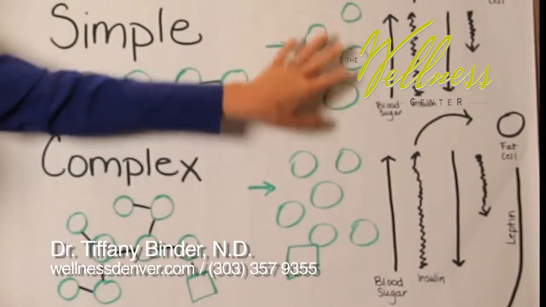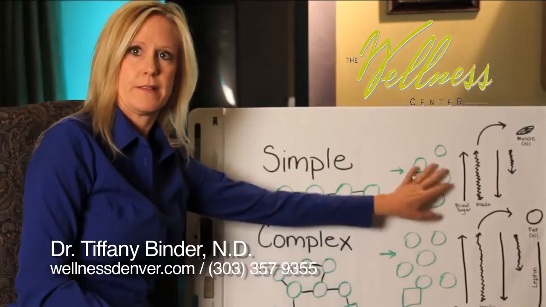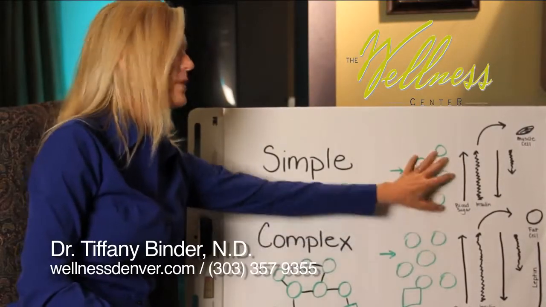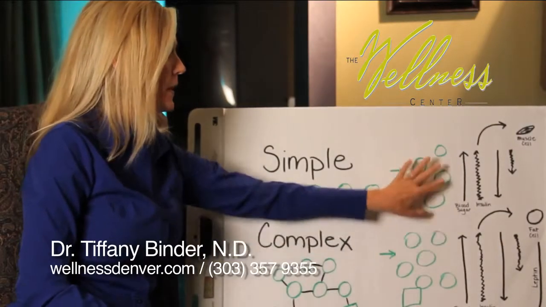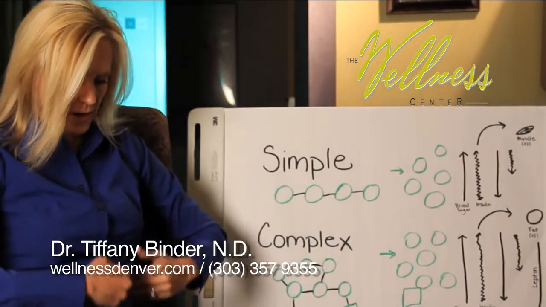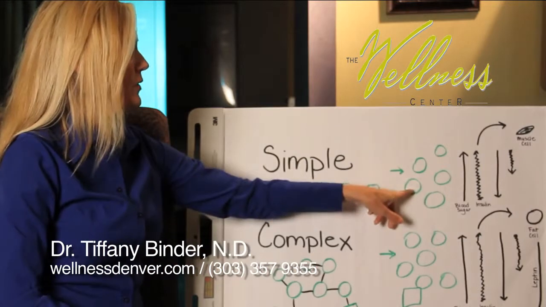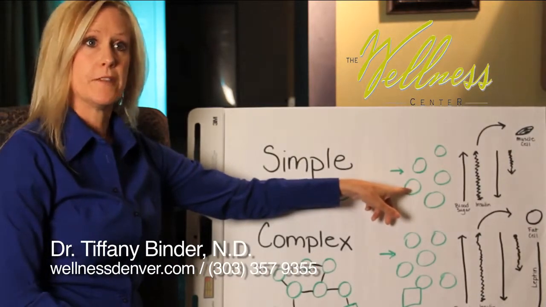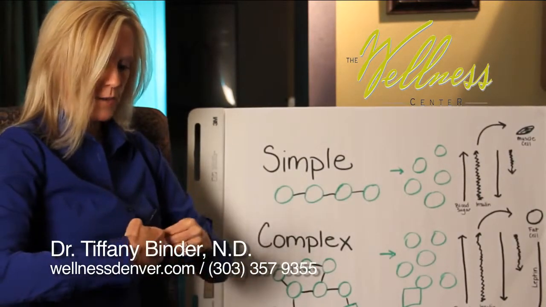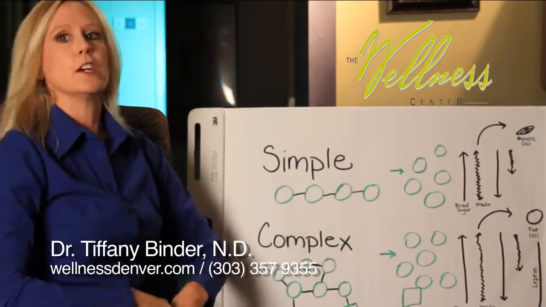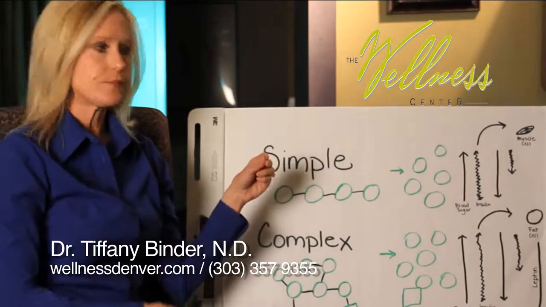So in the gut, it basically looks the same here. Sugar molecules here in the gut. So now the sugar molecules are small enough, because all along the gut wall we have tiny little pores, and now the sugar molecules are broken down small enough to pass through the pores of the wall of the digestive tract and go into the bloodstream.